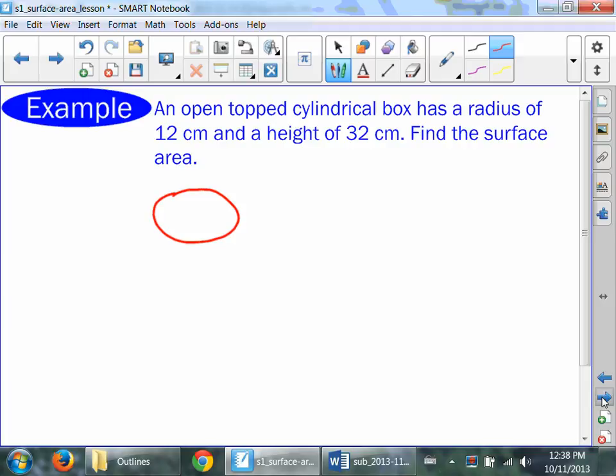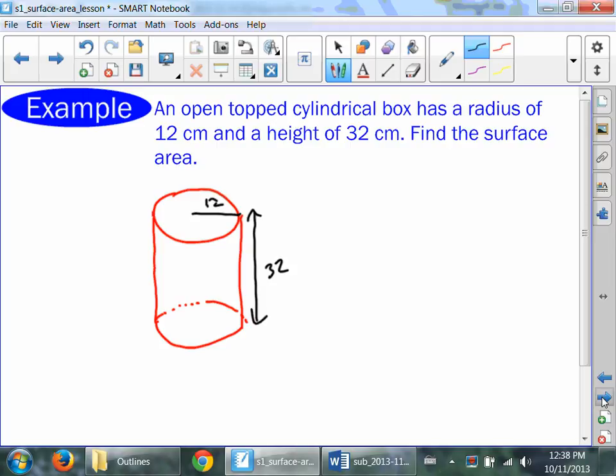Here's my cylinder. Radius of 12. Okay, so that's 12. And a height of 32.